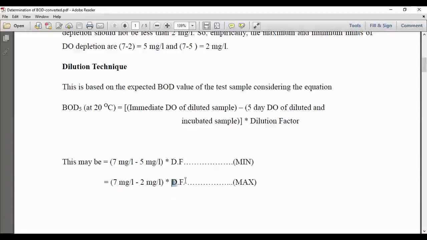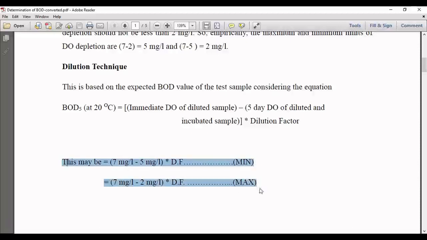And similarly, if I put 5 here, it will be 5 into 5, which is 25 mg per liter. So for a dilution factor of 5, the minimum value of BOD that we can get is 10 mg per liter, and the maximum value that we can get is 25 mg per liter, right?